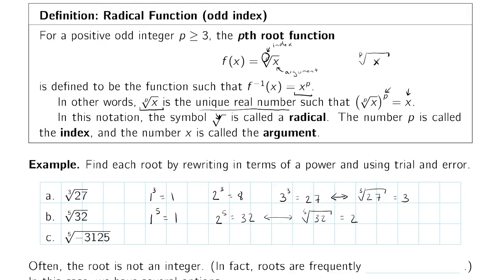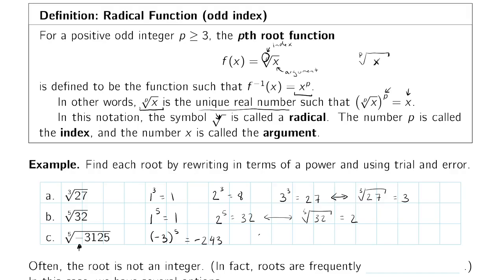And now here we want to take a fifth root of a negative number. That's perfectly fine, because if we take a negative number to the fifth power, we get another negative number. I'm not going to start at 1 here, because I know 2 to the fifth is 32. That's too small. I'm going to try taking negative 3 to the fifth, and that'll give me negative 243.